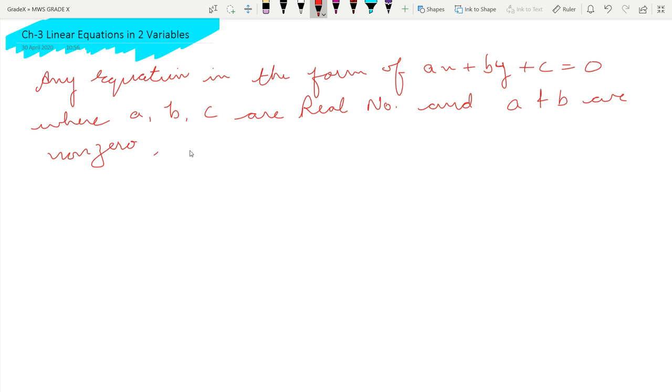In this situation, this equation is called a linear equation in two variables.